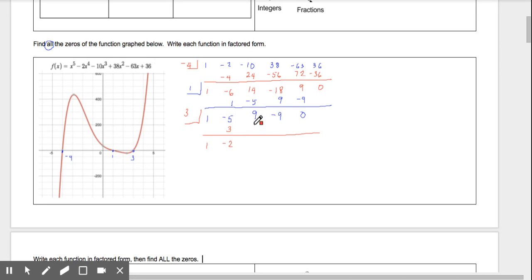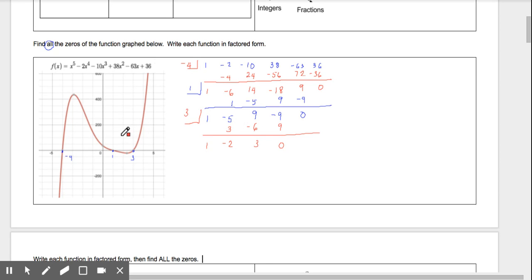Negative 2 times 3 is negative 6. 9 minus 6 is 3. 3 times 3 is 9. And we get a 0. So these are the 3 zeros that are visible in the graph. Now we're looking for the last 2 zeros, and because we don't see them in the graph, we cannot use synthetic division anymore for that.